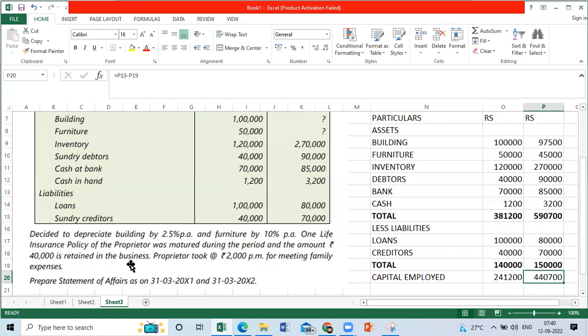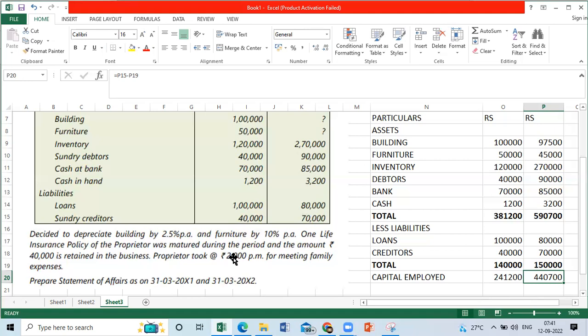Any questions? Second point. Sir, he has also matured an insurance policy. Sir, इस बंदे का एक लाइफ इंश्योरेंस पॉलिसी था जो मैच्योर हो गया. This guy had a life insurance policy which matured. Now tell me, my personal expenses को आप क्या बोलते हो? Drawings. तो भाई लाइफ इंश्योरेंस पॉलिसी बिजनेस का इन्वेस्टमेंट है क्या? लाइफ इंश्योरेंस पॉलिसी इज माय पर्सनल एसेट.